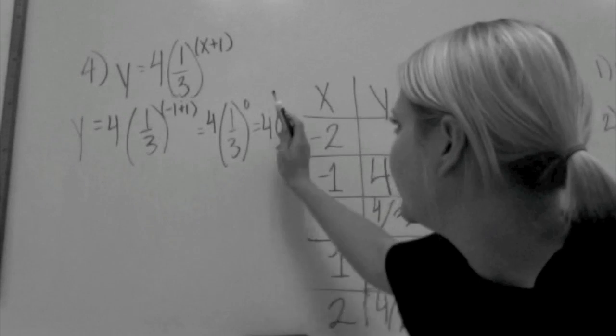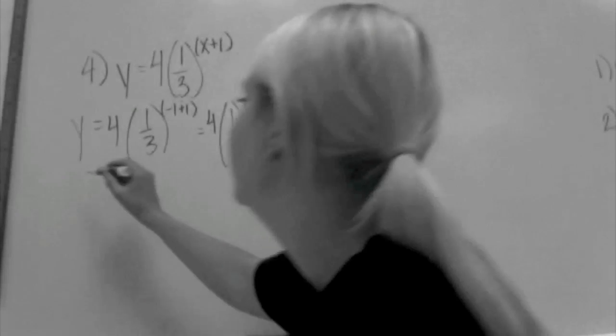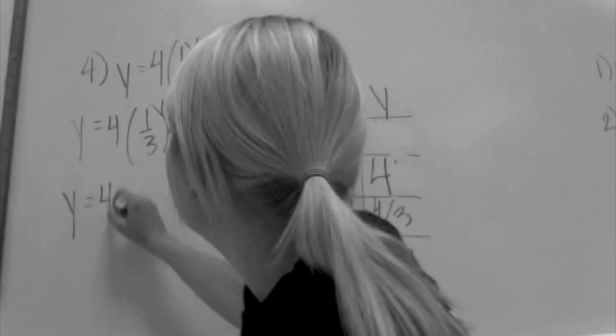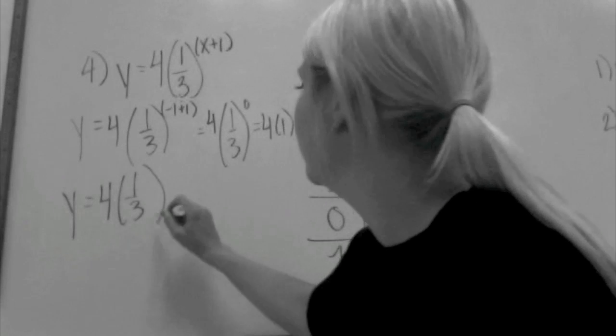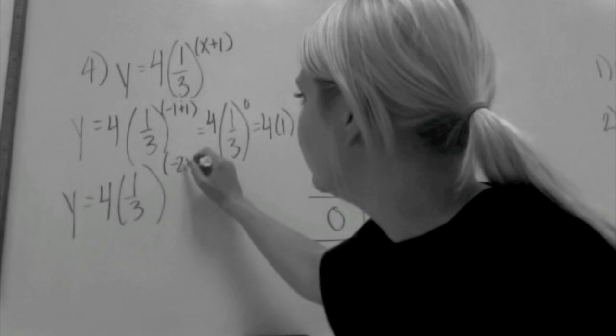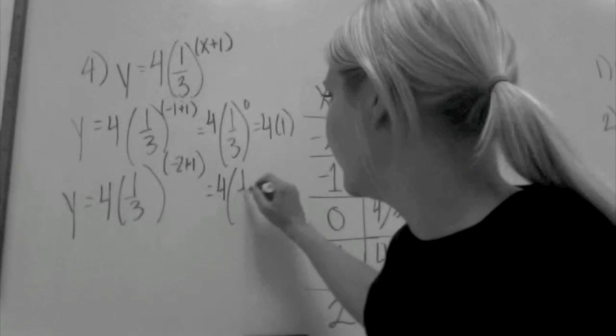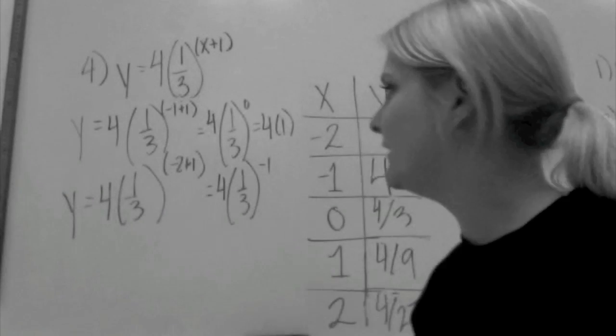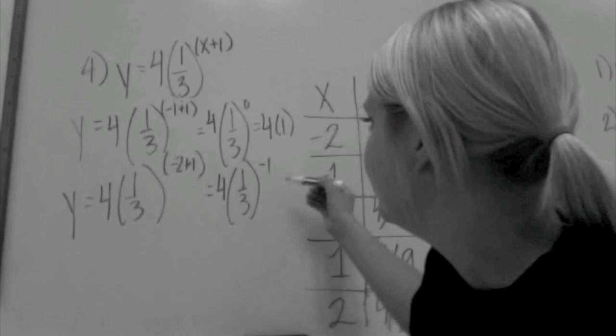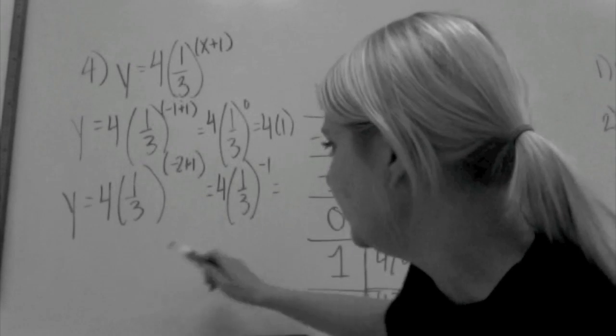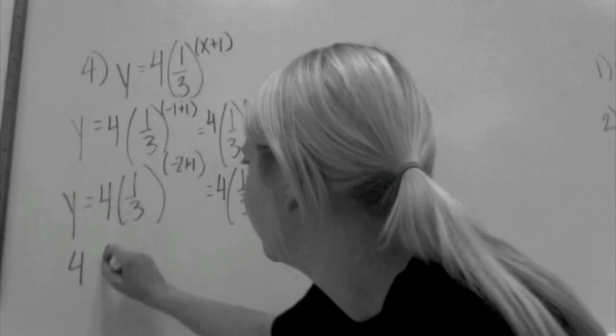And then we have the x value of -2. So we get y equals 4 times (1/3) raised to the power of -2 plus 1, which will equal 4 times (1/3) raised to the power of -1. Now for this expression, I'm going to work this out a little bit more just so we can see this property again.